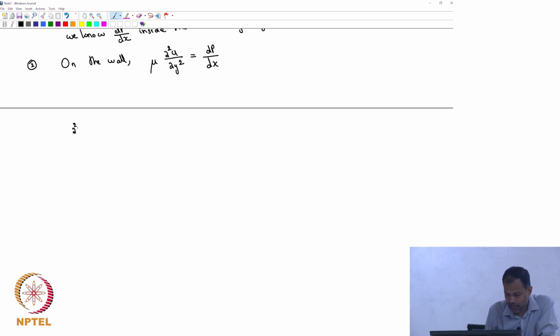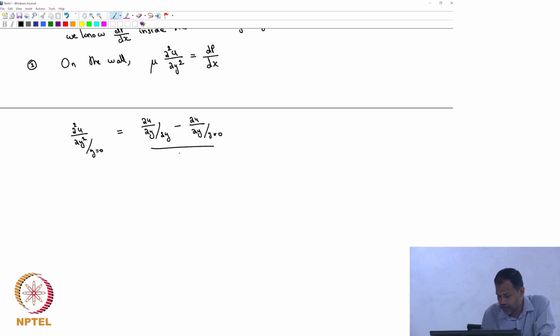So just to go through it once again, I am interested in calculating the second derivative of velocity. ∂²u/∂y² at y = 0, I can write as [∂u/∂y at Δy minus ∂u/∂y at y = 0] divided by Δy, in the limit Δy tending to 0, which is my definition of the second derivative of velocity.